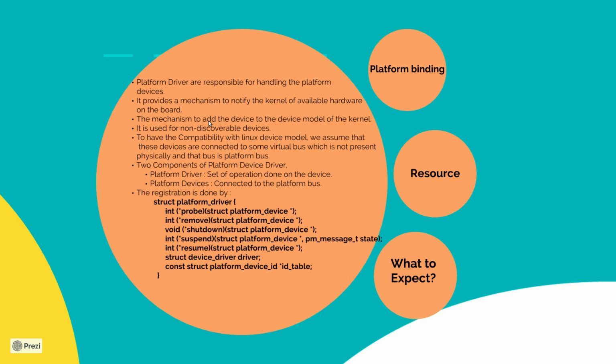So there will be a particular bus which will help us to talk to that particular hardware. As you can see here, it provides a mechanism to inform the kernel of available hardware on that board. So that hardware is connected to the BeagleBone Black, and it will help you to communicate with the particular hardware.